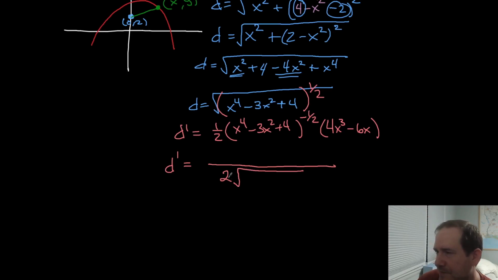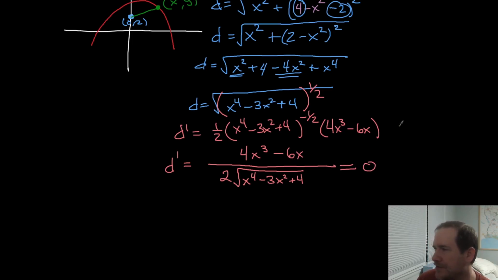So downstairs we've got 2 times the square root of the x to the 4th minus 3x squared plus 4. And up in the numerator we've got the 4x cubed minus 6x. So this is our derivative, kind of in its simplified form. We want this to equal 0. So we'll set it equal to 0 and we'll try to solve.